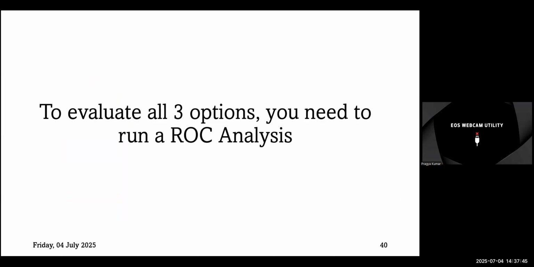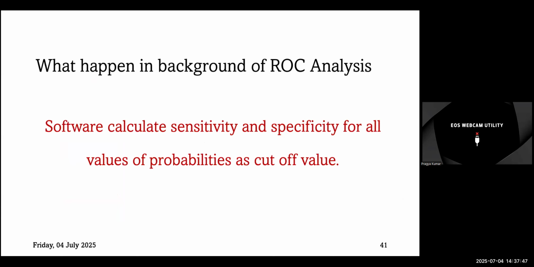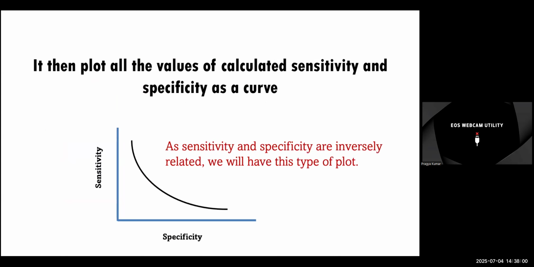So to evaluate all these three options, we need to run the ROC analysis. What does the software actually do? It calculates the sensitivity and specificity for all values of your cutoff, and then it gives you a graph. If you plot sensitivity and specificity, your graph will be something like this, so it will be difficult to calculate the area under the curve.